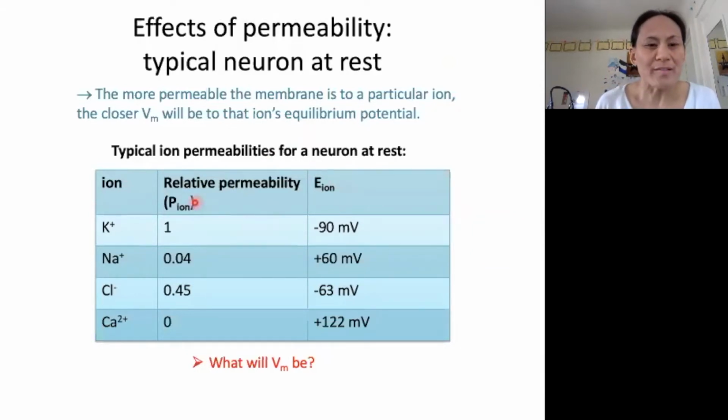I want you to take a look at these permeabilities and these equilibrium potentials, and using the principles that we have been covering in the past several slides, see if you can estimate what the membrane potential will be. So go ahead and hit pause, think about this for a while, see what you can come up with.